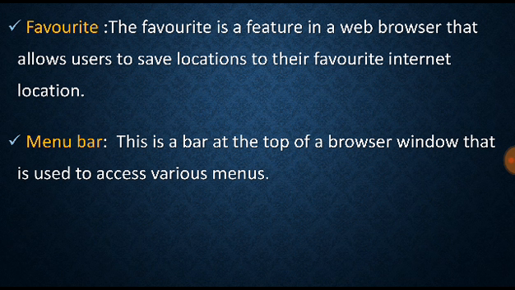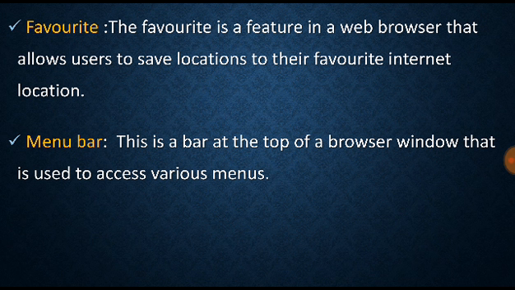Now the next one, we have favorite. The favorite is also a feature in the web browser that allows users to save their favorite internet locations. What it means is that with this feature, you can save websites or web pages that you see as important to you.